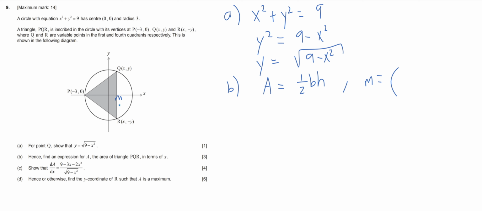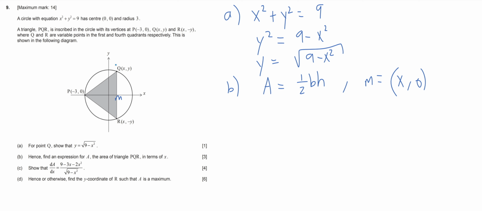The x coordinate of M is x, because M is collinear with Q and R. So M equals (x, 0), because QR cuts the x-axis at M, so the y coordinate must be 0.